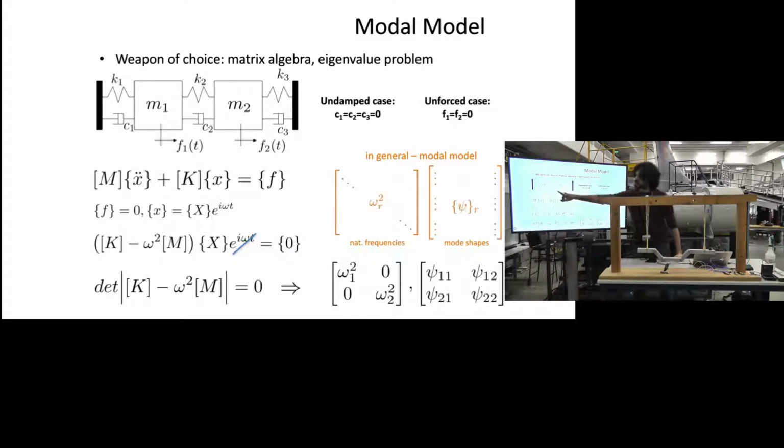In this case, the first vector might be 1, 1. That means both masses are moving in the same direction at the same time, going back and forth at the same rate. Whereas the second mode shape might be 1, minus 1, where the two masses move opposite to each other, so they move in counterphase.